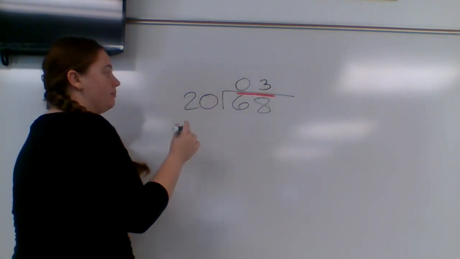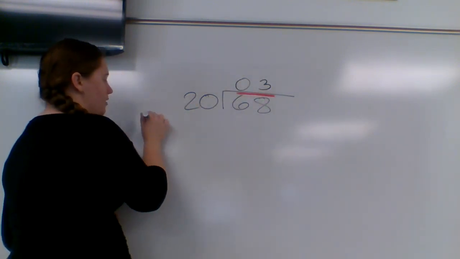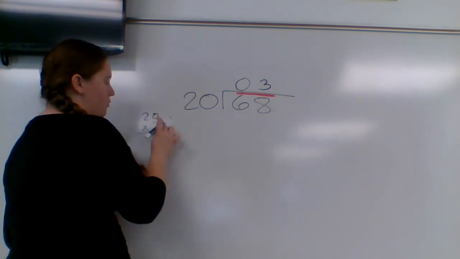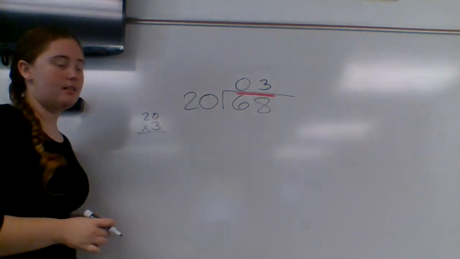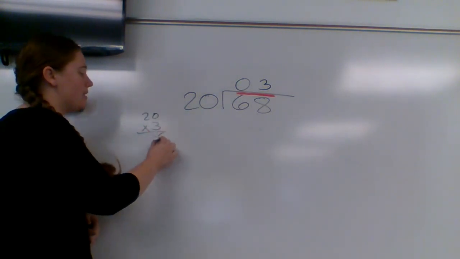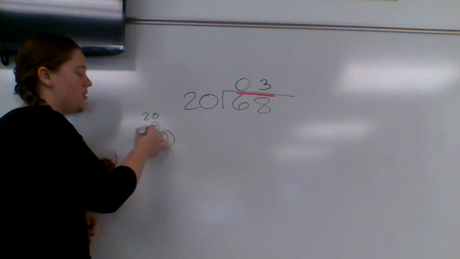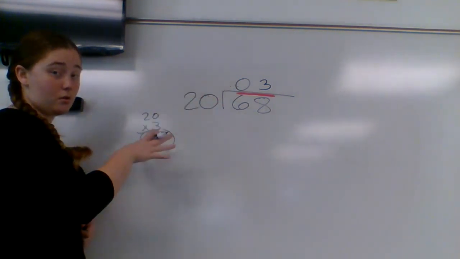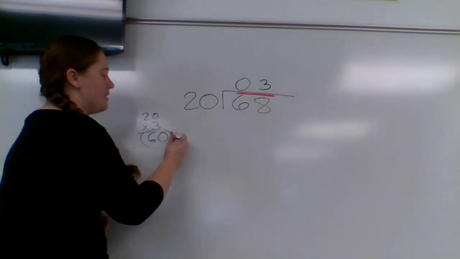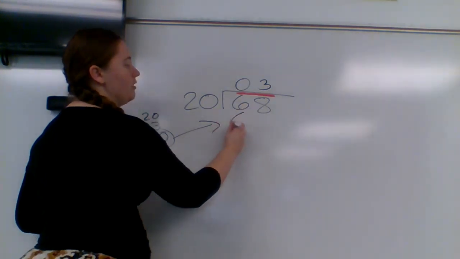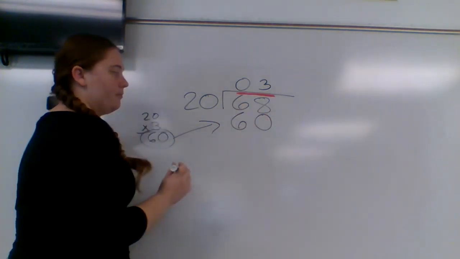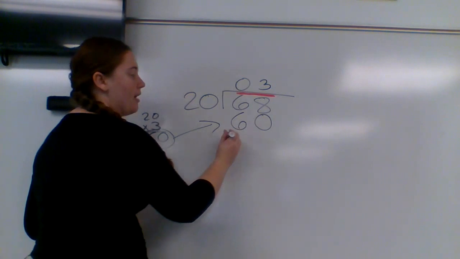Next step, 20 times 3. 0 times 3 is 0, 2 times 3 is 6, so my answer for 20 times 3 is 60. 60 will get written over here, and my next step is to subtract.